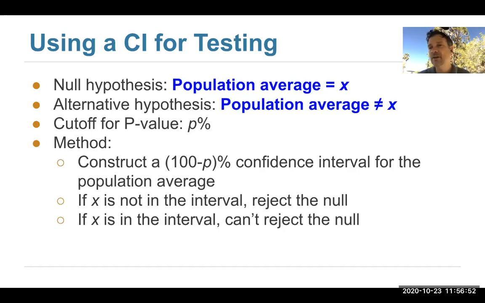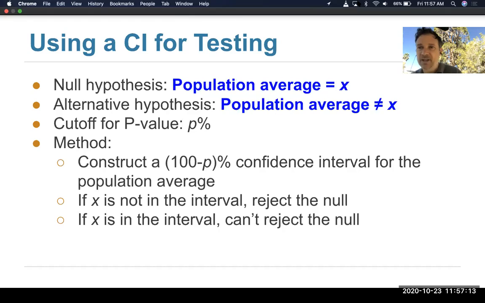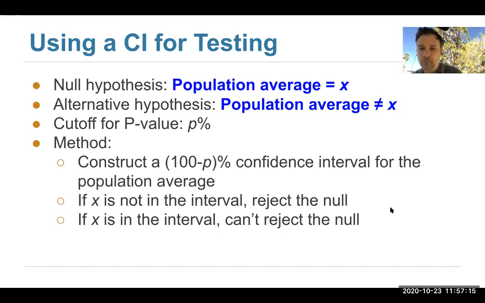So you could think of the confidence interval as a range of values for the population average that are plausible. Okay. And the connection between the cutoff and the confidence level is that 95% confidence corresponds to a 5% cutoff. 99% confidence corresponds to a 1% cutoff, and so on.